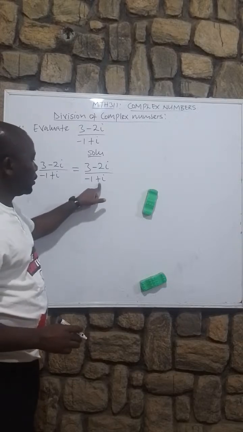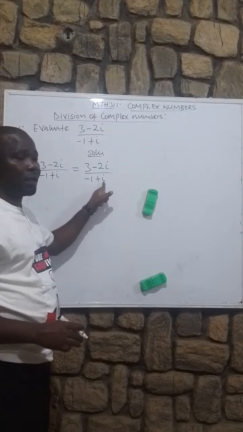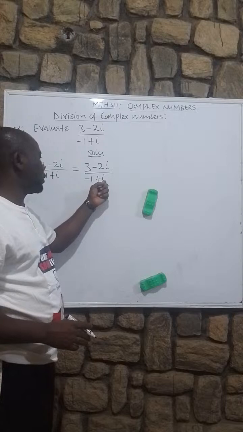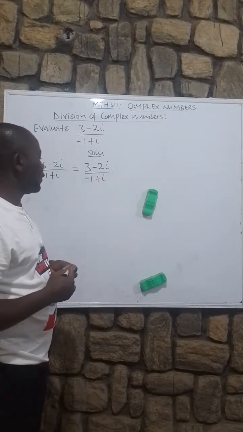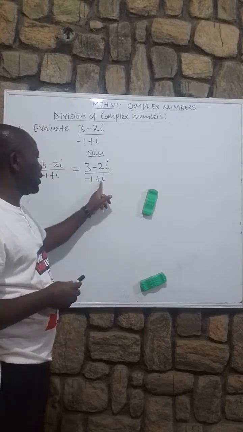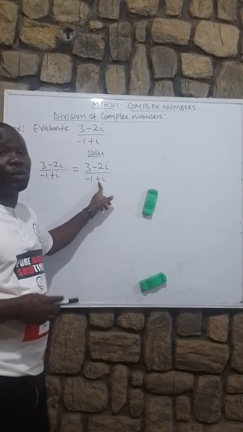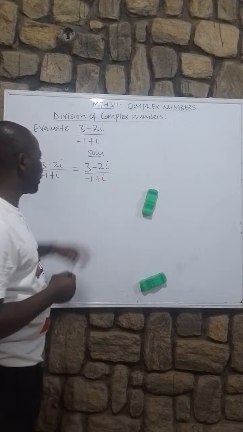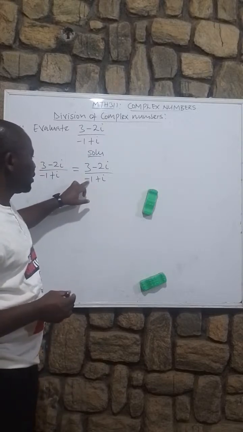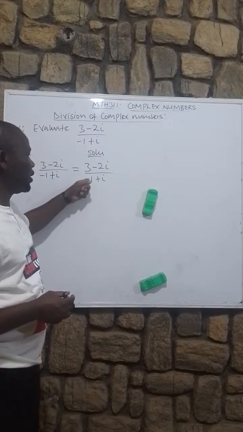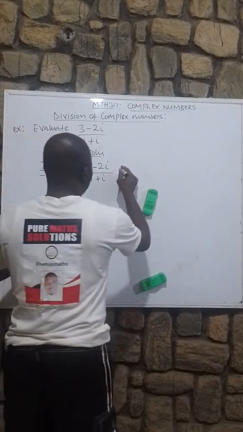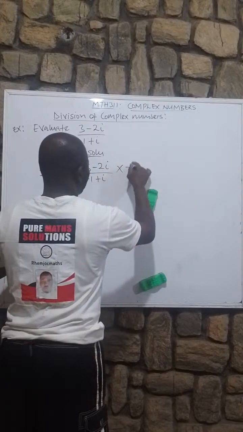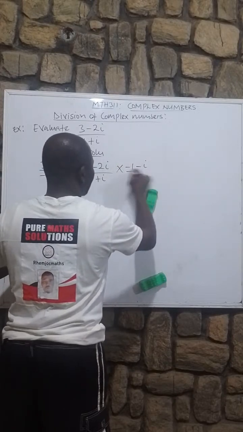The conjugate is going to be on the imaginary part. In front of the imaginary part, the operation here is plus. So it will turn to minus. So don't bother about this one here. Is that clear? So this is what you are going to do, times minus 1 minus i all over minus 1 minus i.